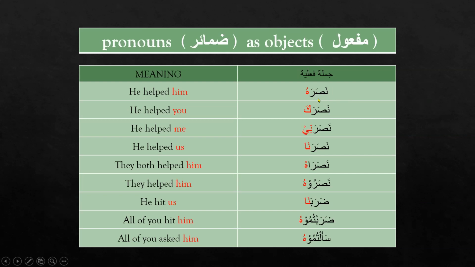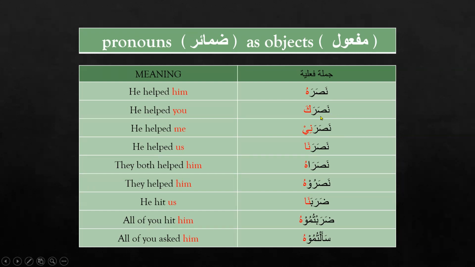And can you see, just forget this part, just see this part. Can you see the damir here or the fa'il here? No. As I mentioned, for huwa the damir mustatir will be used. So here the fa'il is mustatir.